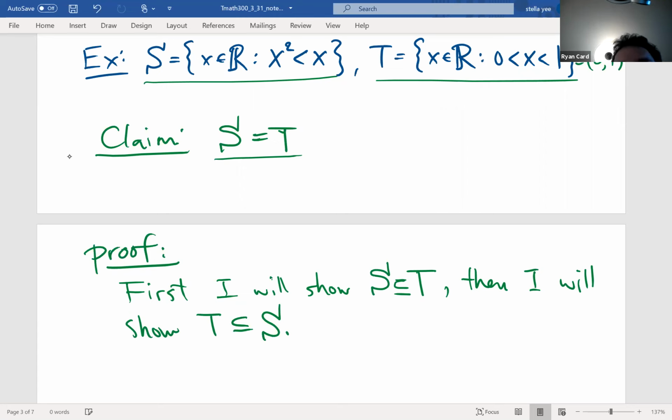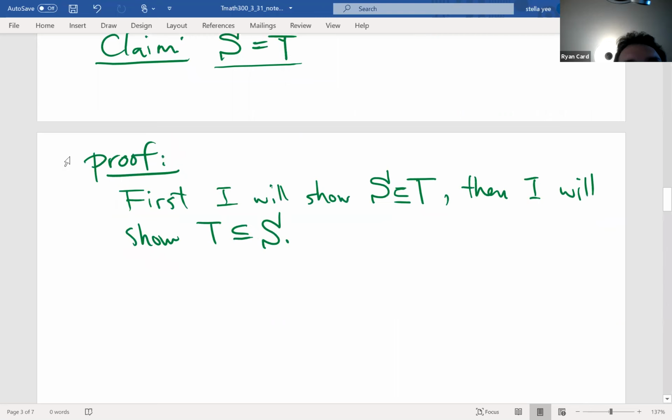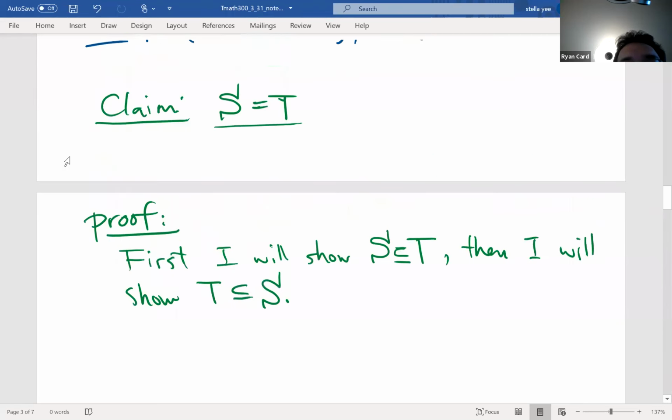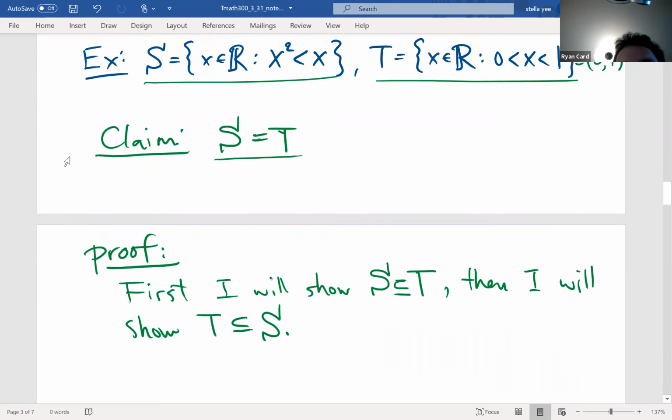If I show that S is a subset of T and T is a subset of S, then they have to be equal to each other. We talked about that earlier. So how do I show that S is a subset of T?